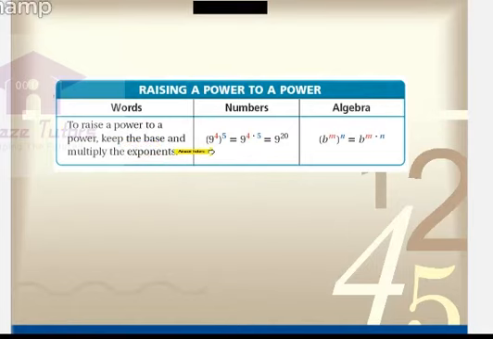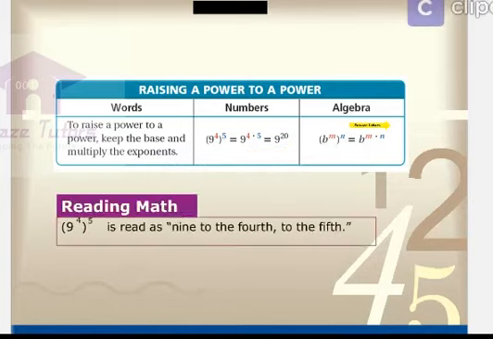So numbers example, 9 power 4 the whole power 5 equals 9 power 4 times 5, 9 power 20. Now b power m the whole power n equals b power m times n. Now 9 power 4 the whole power 5 is read as 9 to the 4th to the 5th.